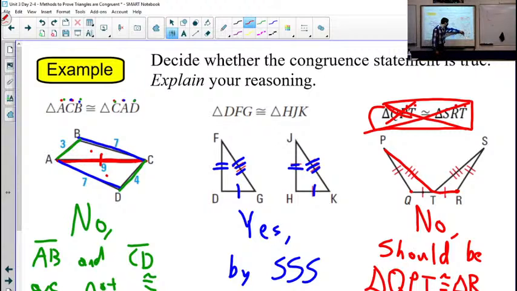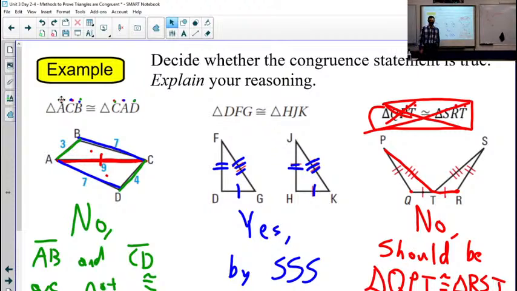And then P on the top here should go with, on the top over here, S. And then T is going to go with itself. So the triangles are congruent, we just wrote the statement incorrectly. By the way, if we're thinking about transformations from last week, this is a translation. It got shifted. And then this is a reflection. The triangle got flipped.